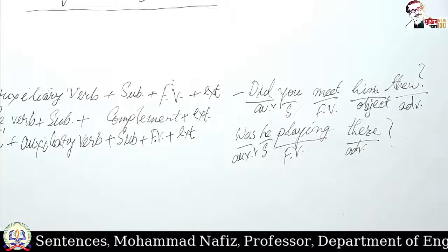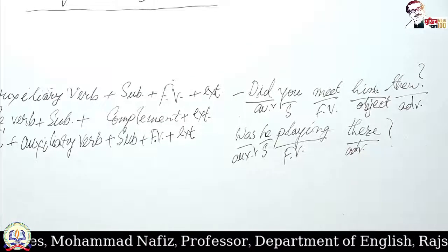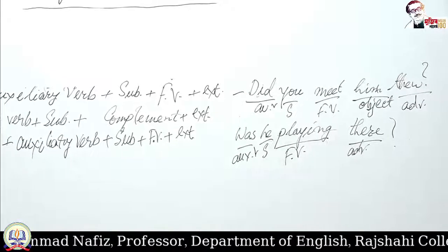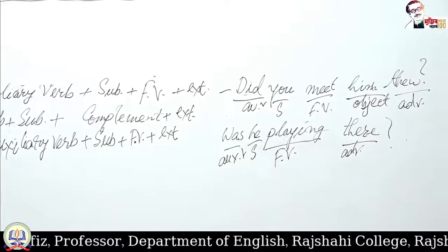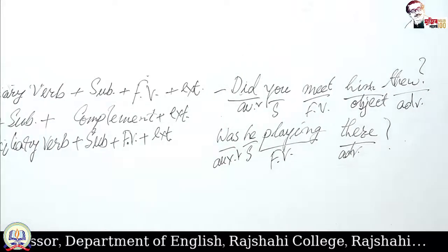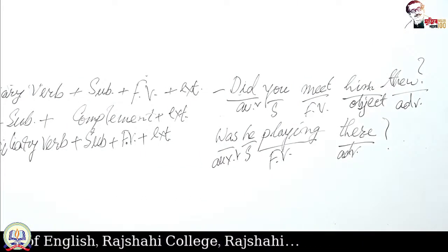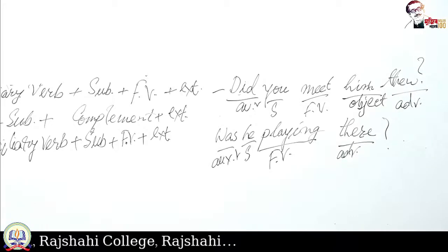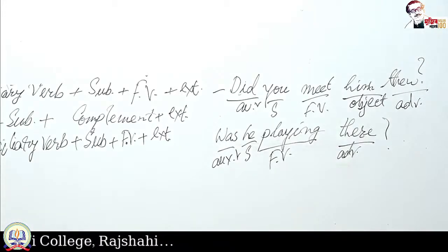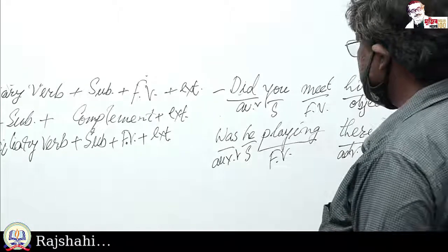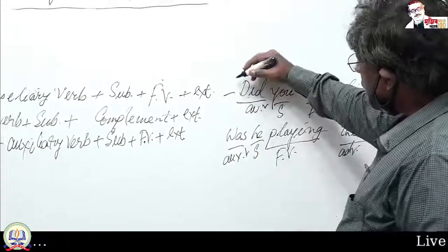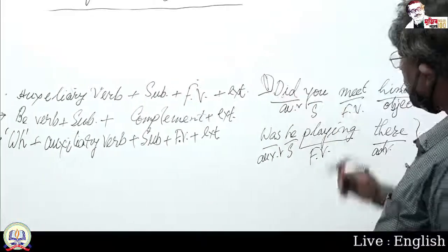You see, we have the auxiliary verb at the beginning, the subject following it, the finite verb next to the subject, and an extension adverb at the end of the sentence. This is interrogative sentence pattern 1.